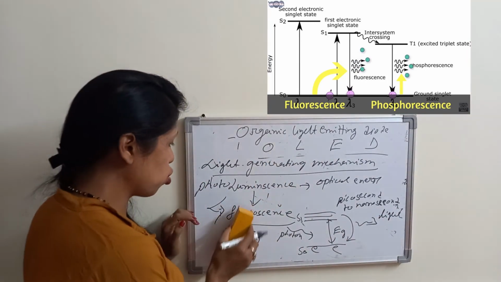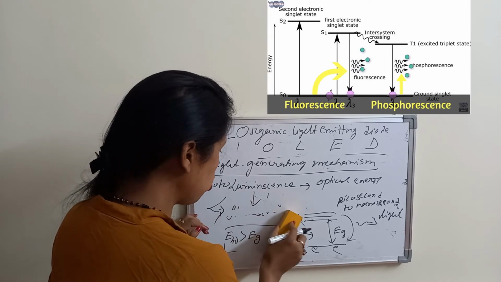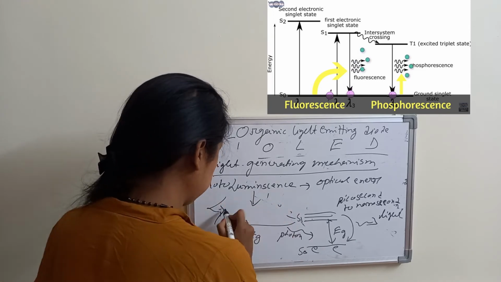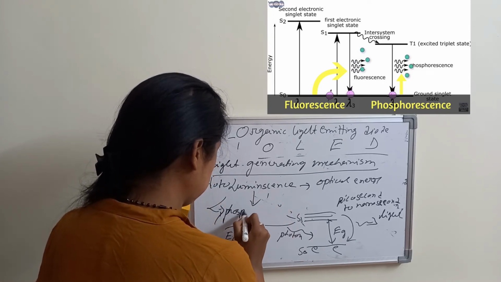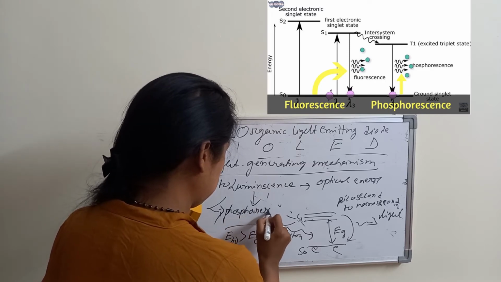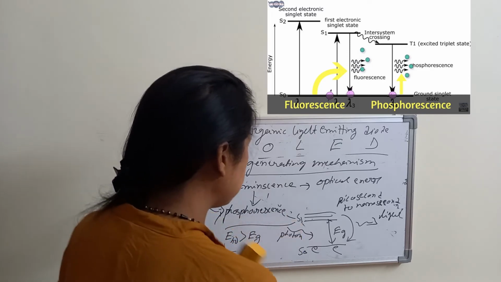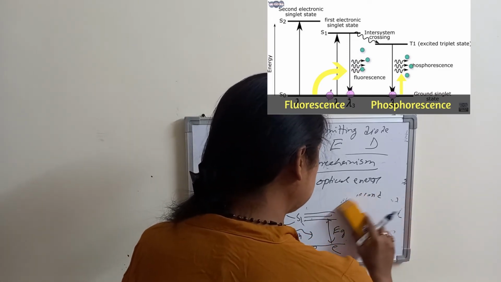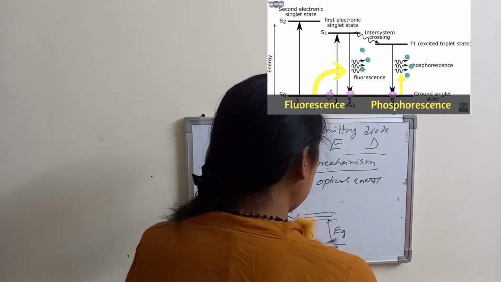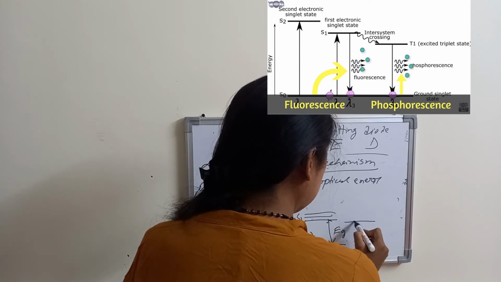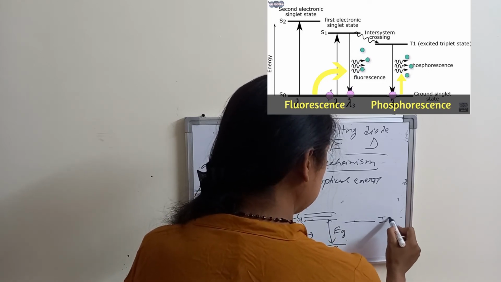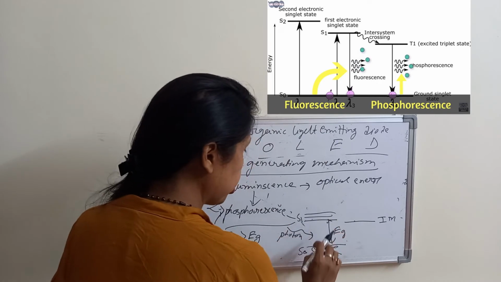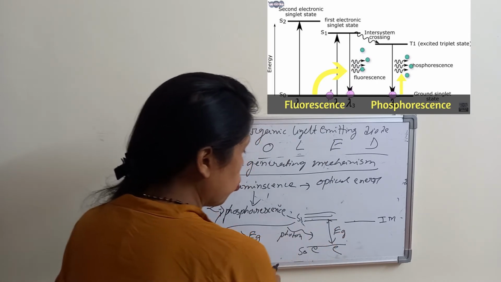Now I will discuss the phosphorescent mechanism. In this phosphorescent mechanism, there is an intermediate state, suppose between S1 and S0.